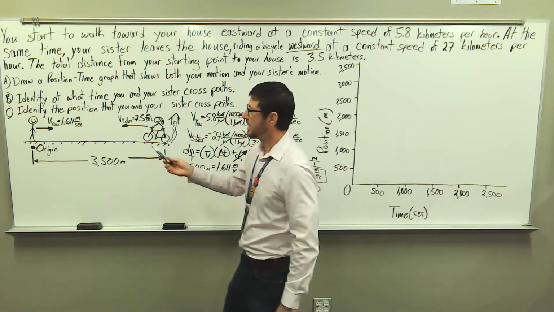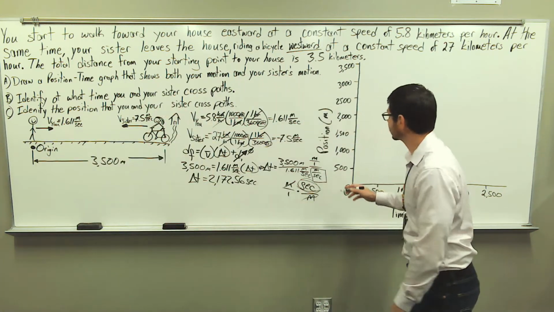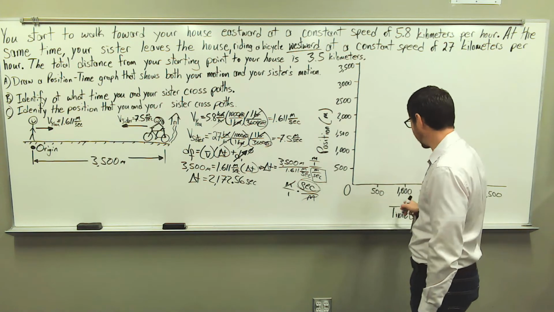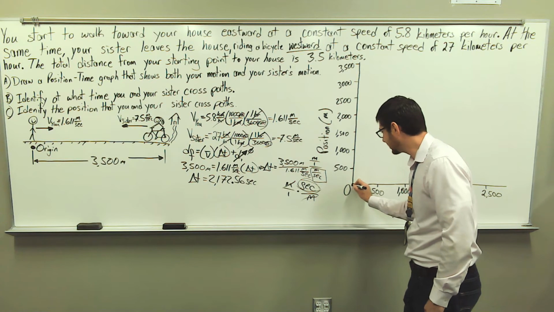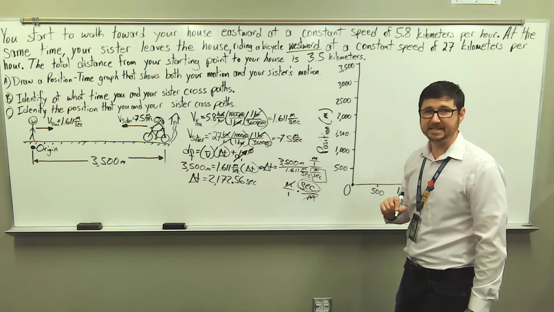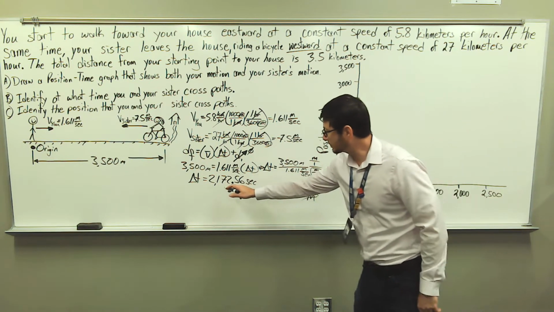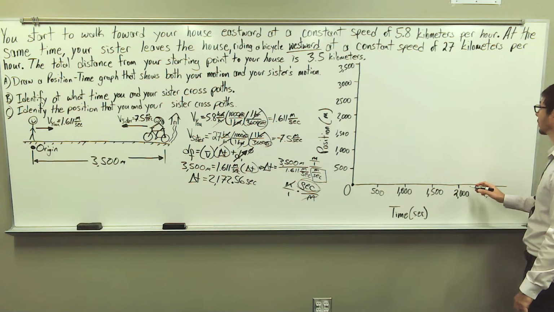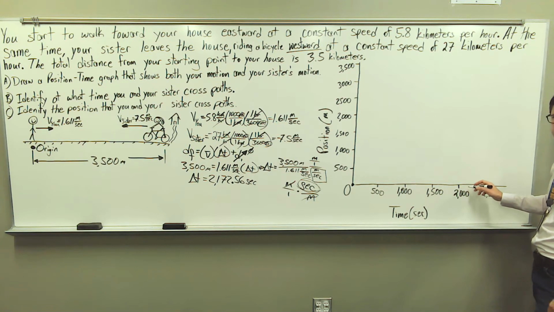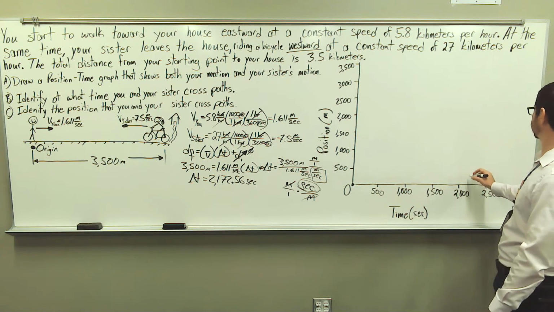So remember that you are starting at the origin, so our position is 0. At a time of 0 seconds, you are at a position of 0 meters, okay? And in 2,172.56 seconds, so we're going to locate this on the x-axis about right here, you travel 3,500 meters.